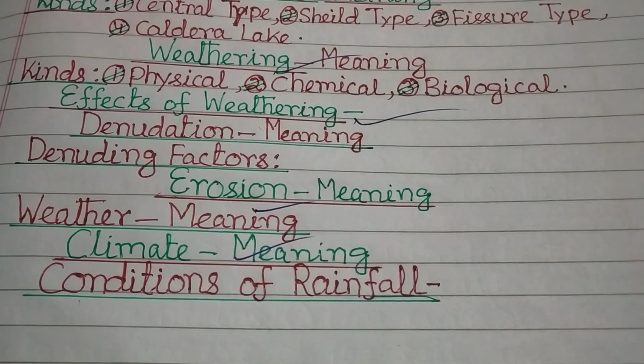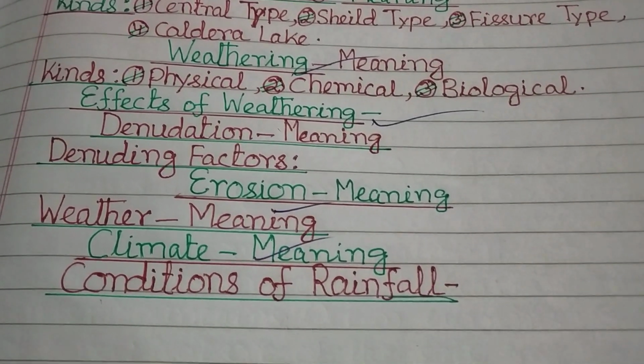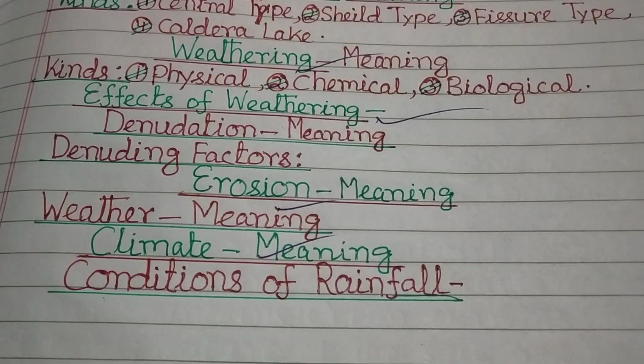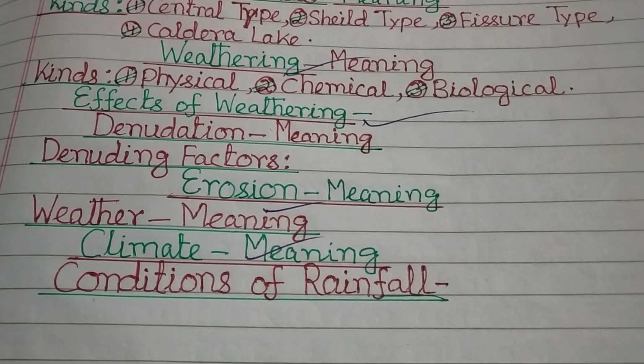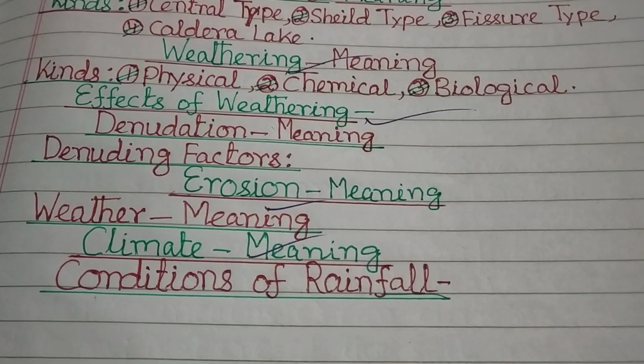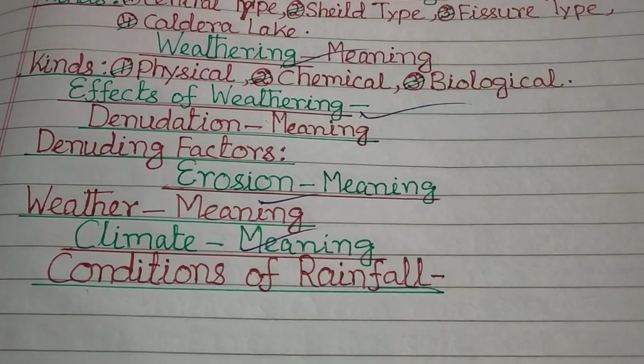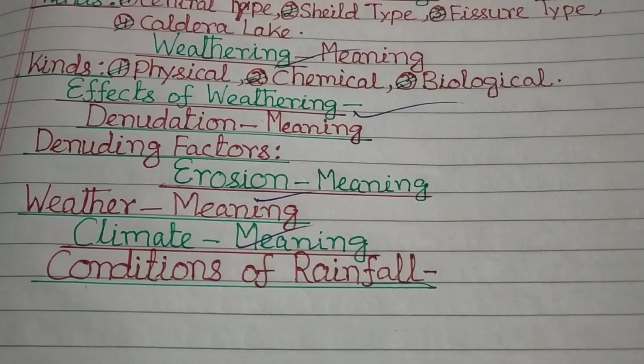And climate, on the other hand, is the average condition of weather obtaining in a country or a place for a considerably long period.